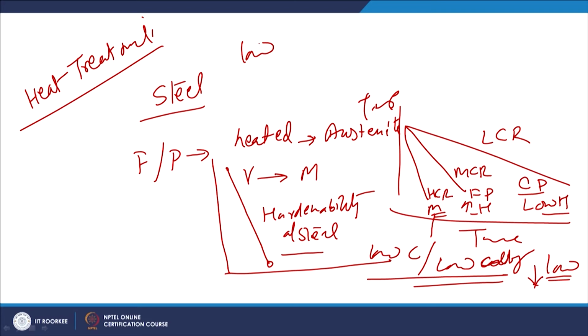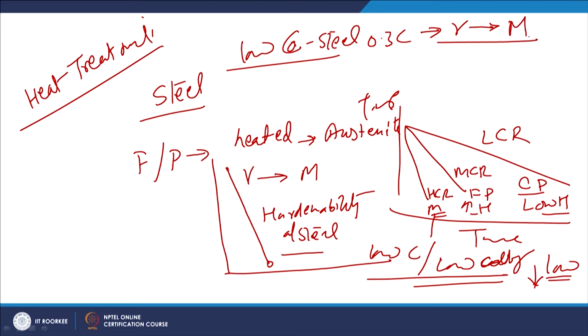Sometimes, like the low carbon steel having 0.3% carbon, subjected to the transformation by rapid cooling from austenite to martensite, we get a hardness of 20 to 25 HRC.